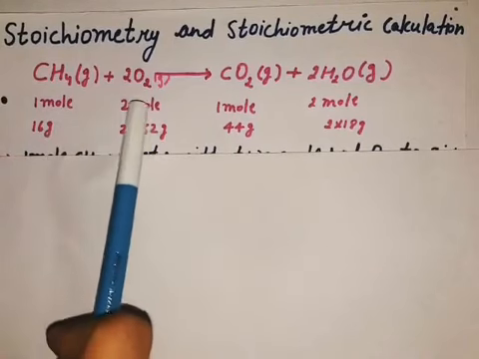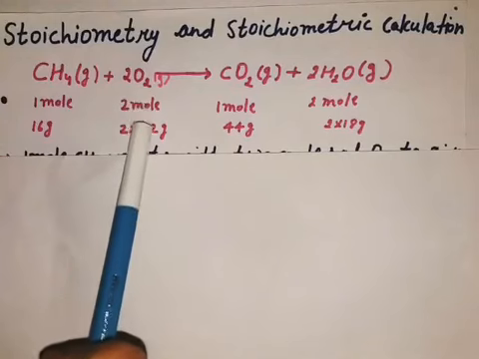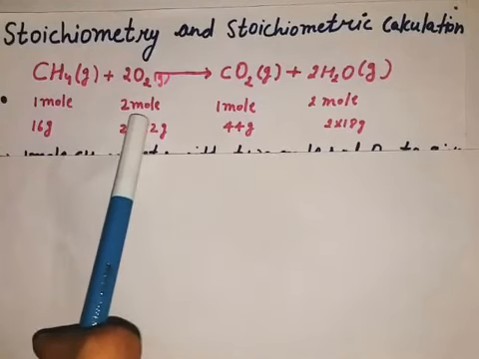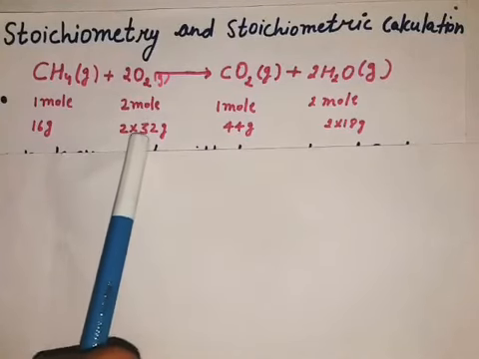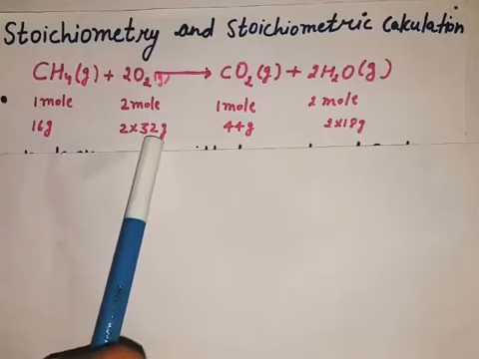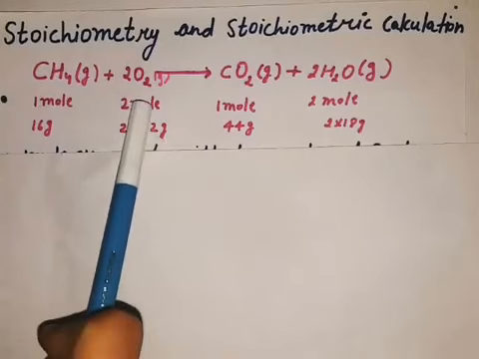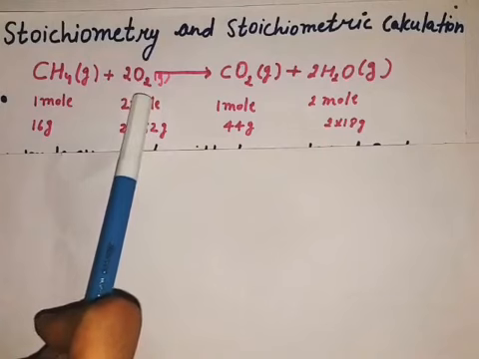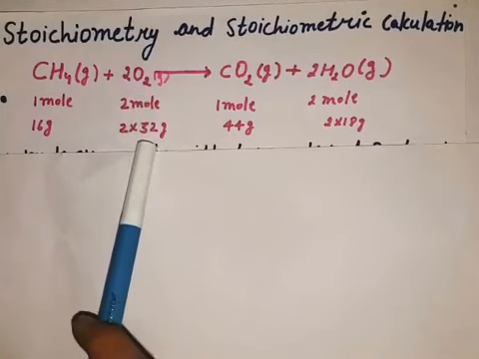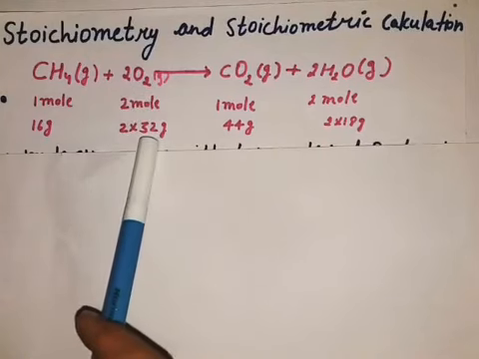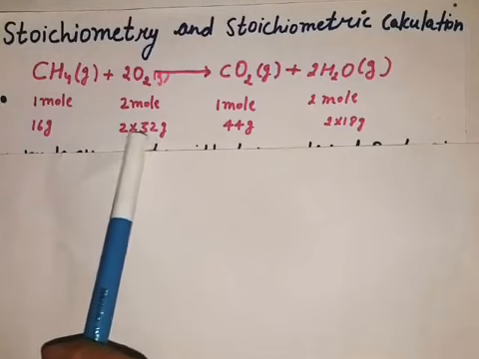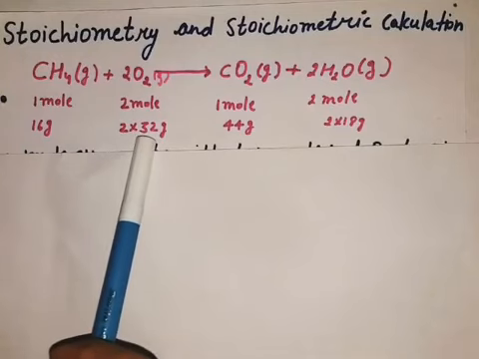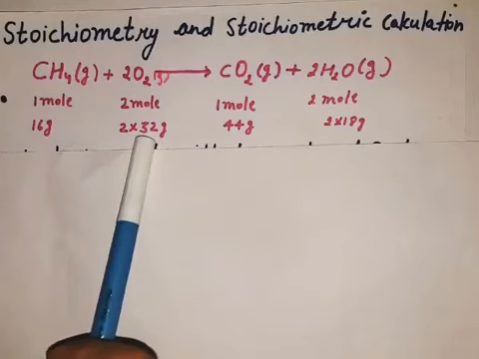Here oxygen gas is present, and 2 moles of oxygen gas are present, so you can write 2 into 32. The atomic mass of oxygen is 16, as 2 atoms of oxygen combine to form an O2 molecule. So 2 into 16 is 32, and the number of moles is 2, so 2 into 32 is equal to 64 gram.